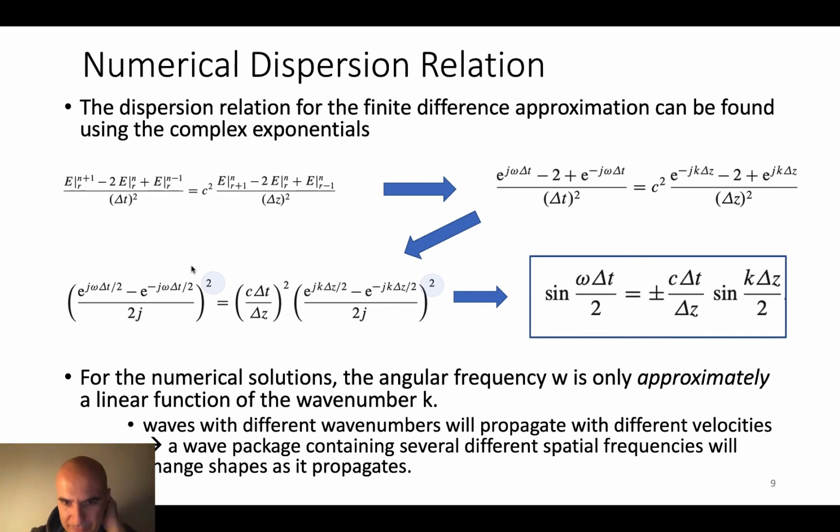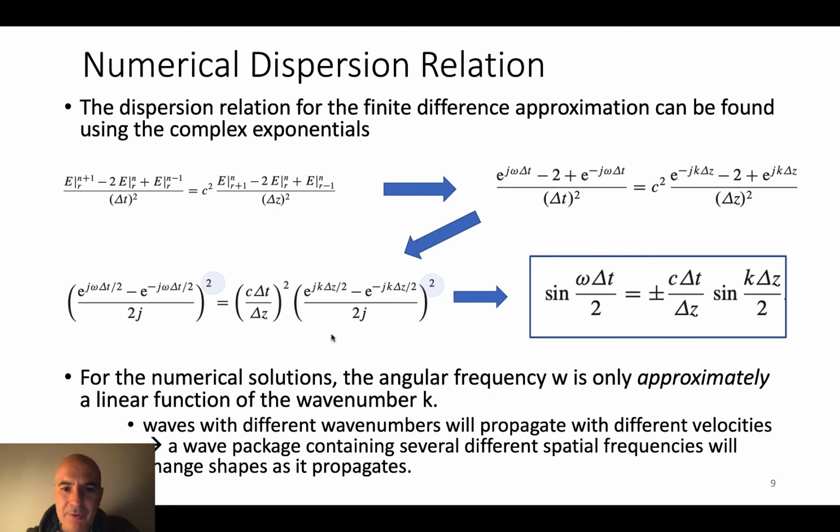Applying the formulation, this expression here and this expression here are equivalent to the sine, to the exponent of this imaginary complex exponential. And we determine this dispersion relation for our 1D wave equation discretized with the central difference. So this is the final dispersion relation that we find for this problem.